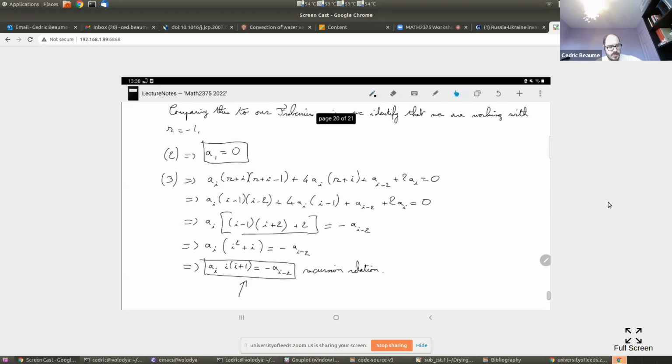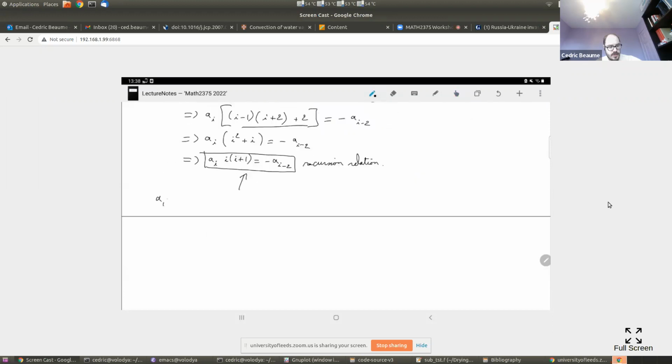And because a1 equals 0, and a_i equals minus a_{i-2} over i(i+1), and not a_{i-1} or a_{i-} an odd number, then we know that the a_i are equal to 0 for all i odd. Okay? So we only care about the even i. Okay, so a0, a2, a4, etc.